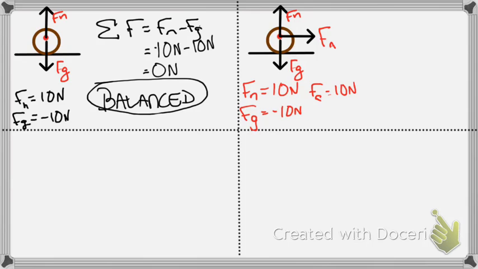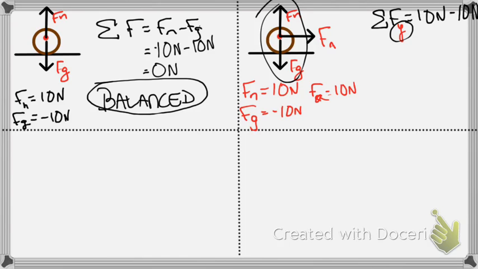Same thing that happened in our first scene: the sum of our forces equals 10 newtons minus 10 newtons. Notice I added that y again, because I'm adding the forces in the y direction. So 10 newtons minus 10 newtons is equal to 0 newtons.